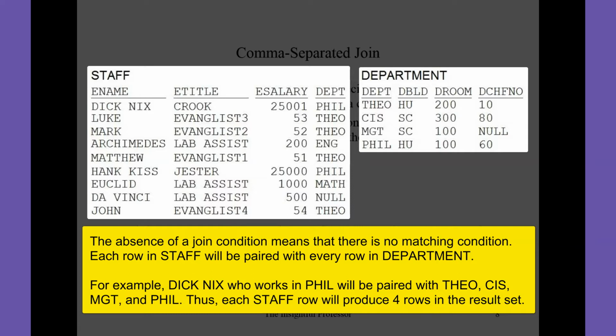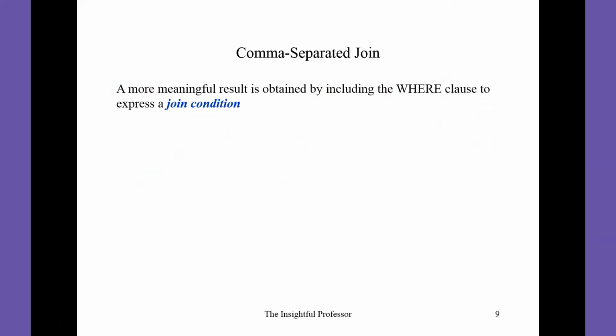So it would seem reasonable to produce a result set that contains no more than 9 rows. However, in a cross product, with no relationship being expressed in the query, we get something quite different. A more meaningful result is obtained by including the where clause to express the join condition.